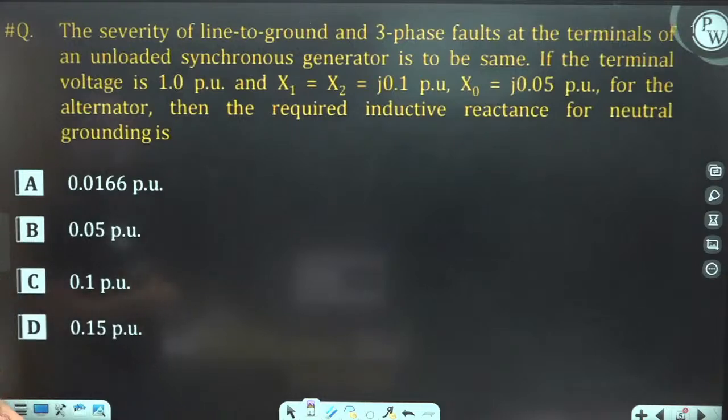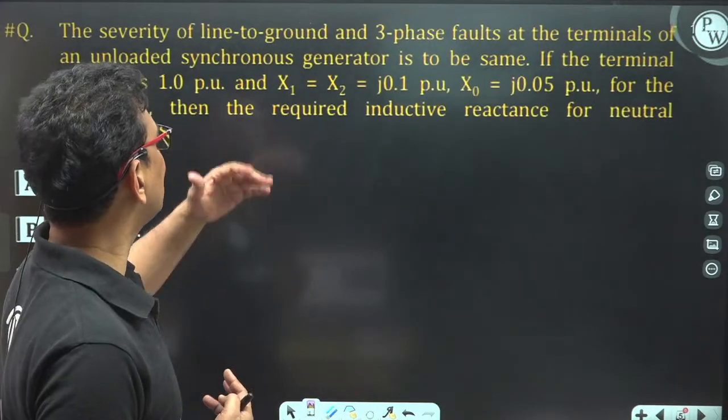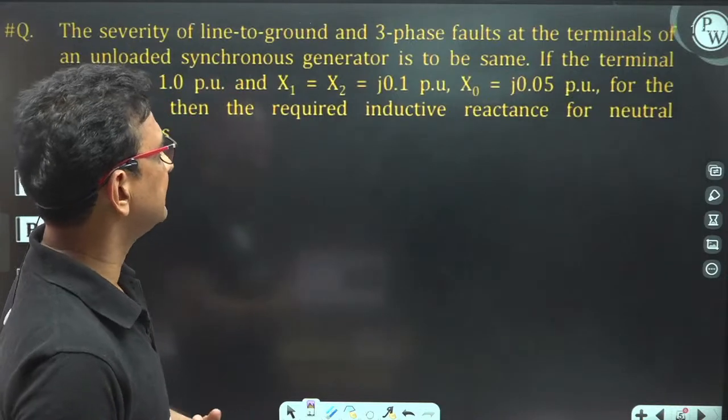The question says the severity of line to ground and three phase fault at the terminal of an unloaded synchronous generator is the same. That means the fault is occurring at the terminal of the synchronous generator.